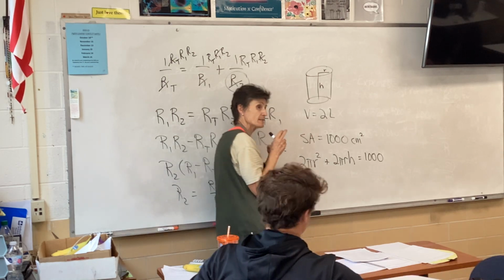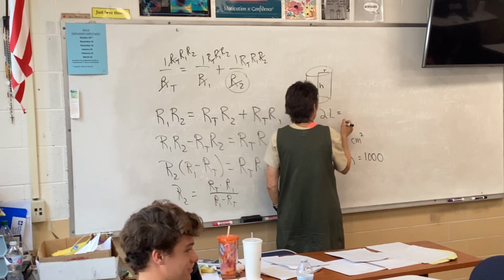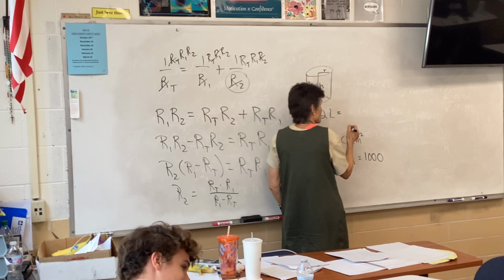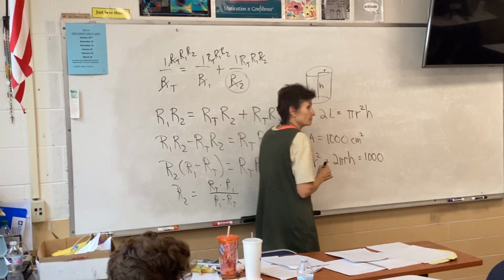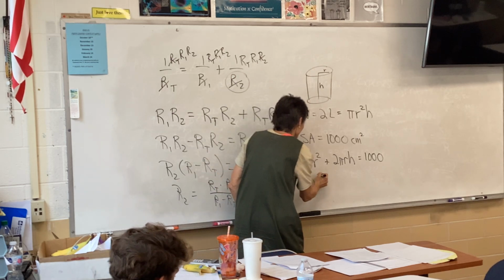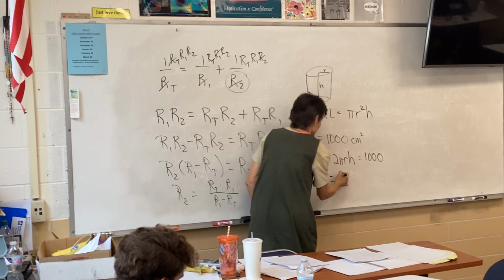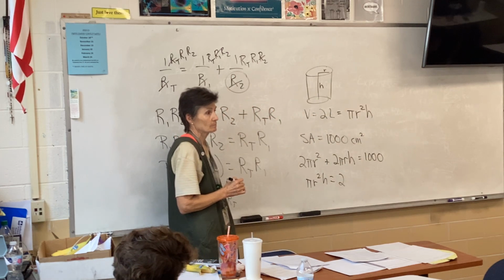What is the volume of a cylinder? Alright, hold on, give me 1 second. Pi r squared h? Yeah. And I know that pi r squared h equals 2 liters.